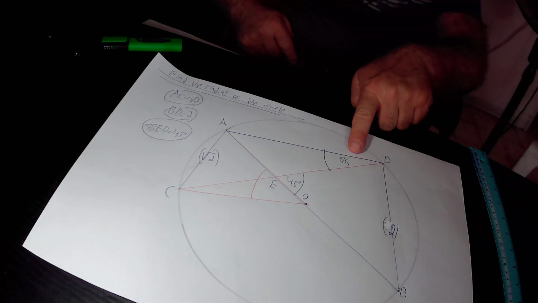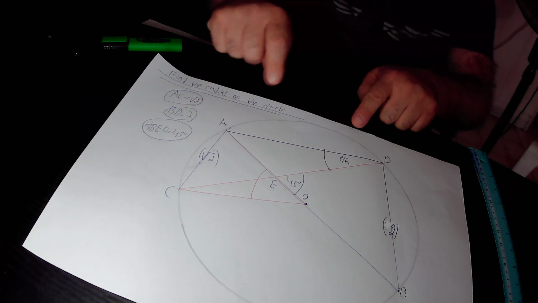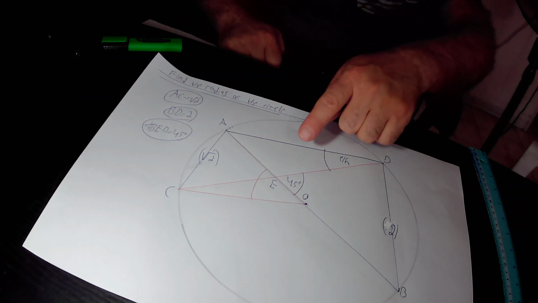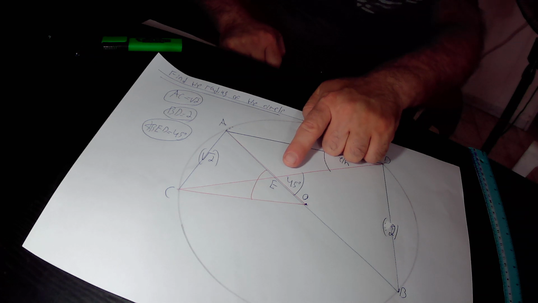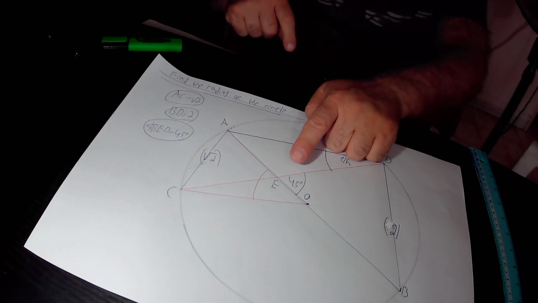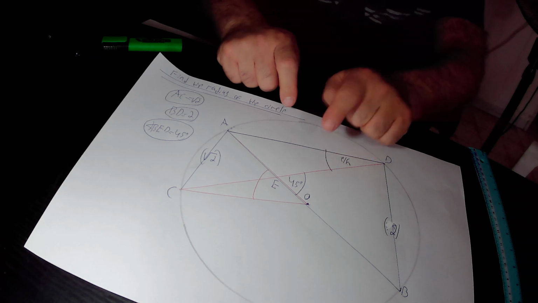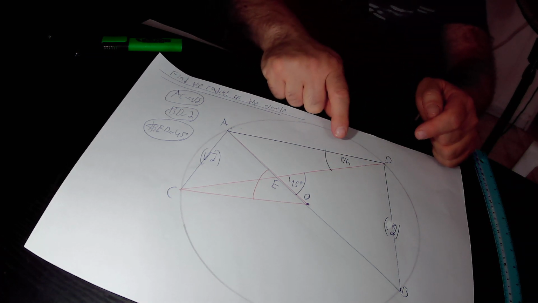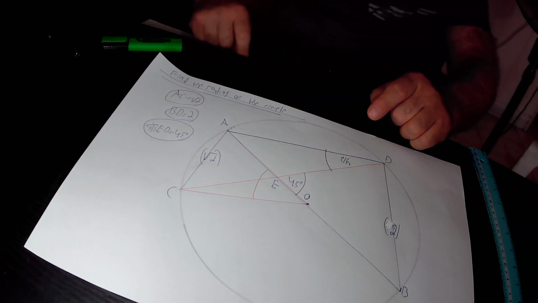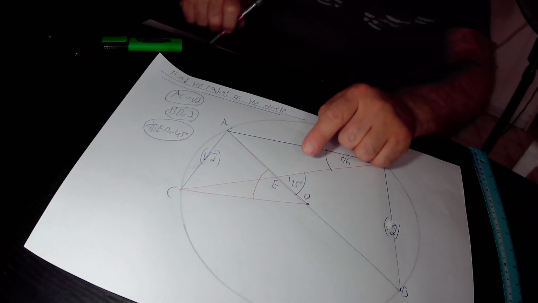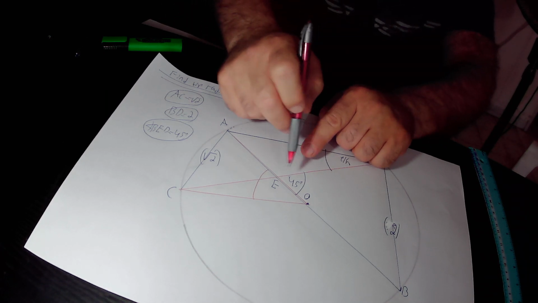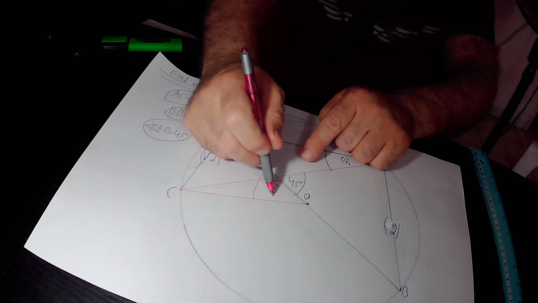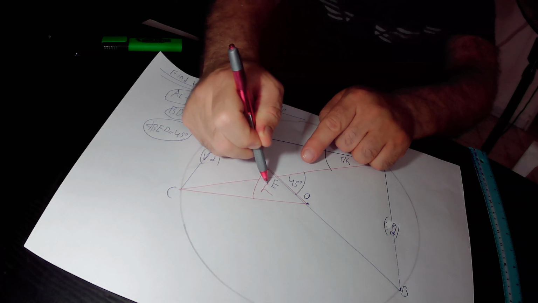The size of this peripheral angle ADC is y over 2, and therefore the size of this central angle AOC that is subtended on the same chord AC must be equal to y over 2 times 2. Y over 2 times 2 is y. So the size of this central angle AOC is y degrees. So I'll write it down.